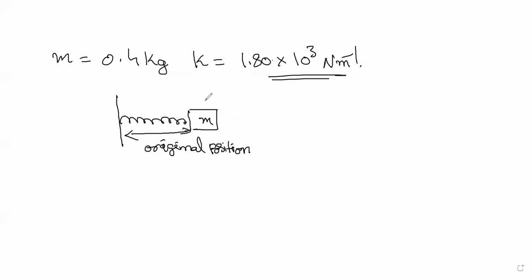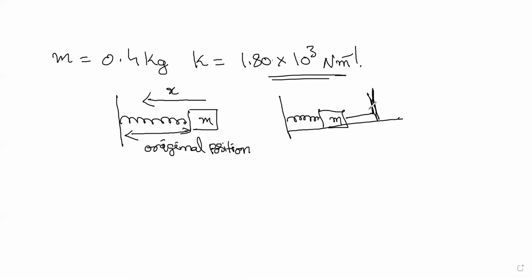With this mass, you compress the spring to the length of x. So it will be compressed a little bit like this, to the length of x, and this is the original spring.